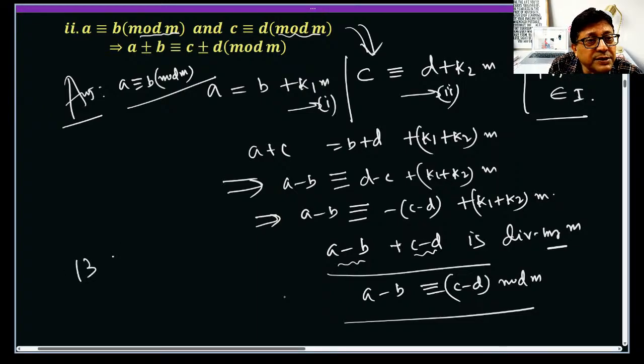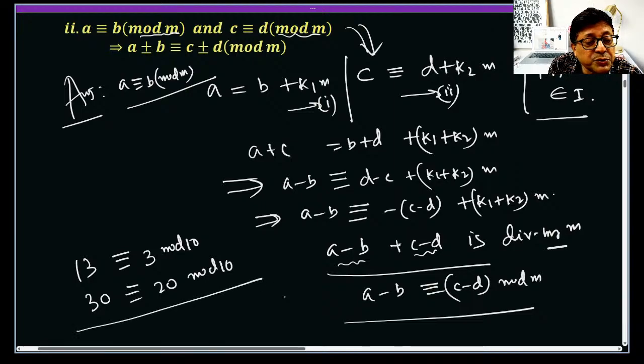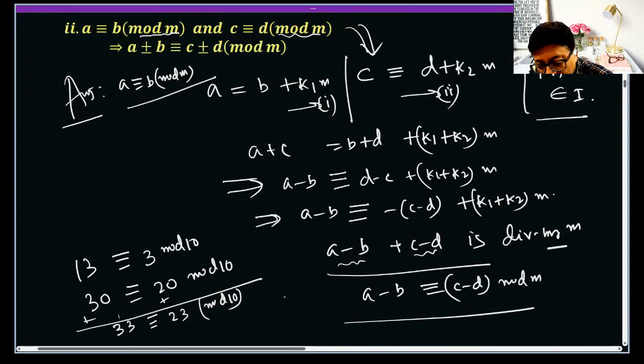We have 13 congruent with 3 mod 10. We have 30 congruent with 20 mod 10. Now if you add these two, it will be 33, and this side it is going to be what? 23. That is also mod 10. Clear? 33 minus 23 is divisible by 10.